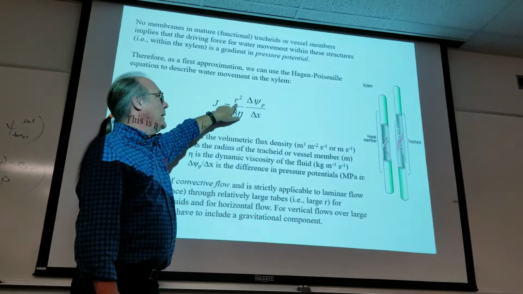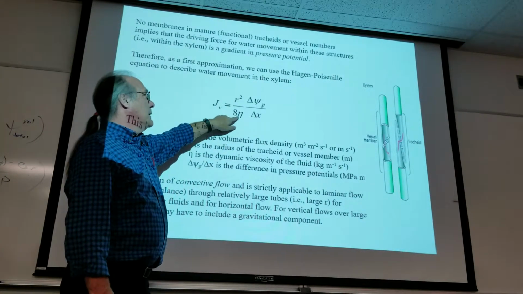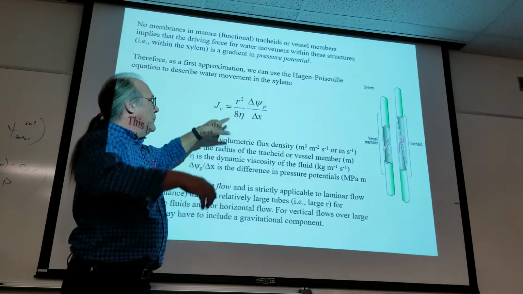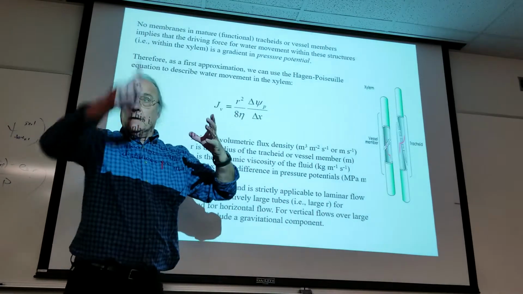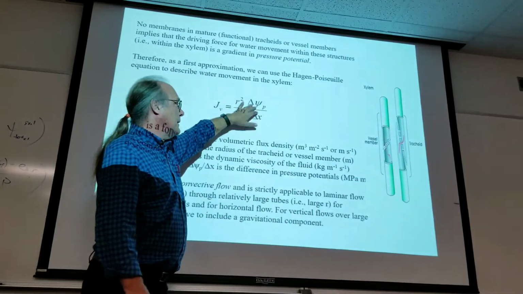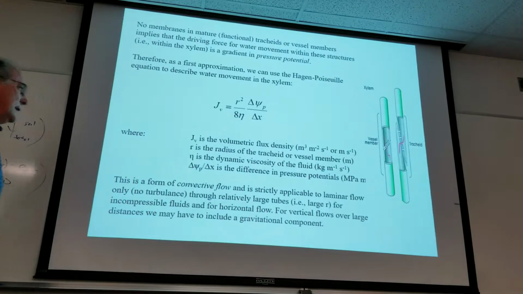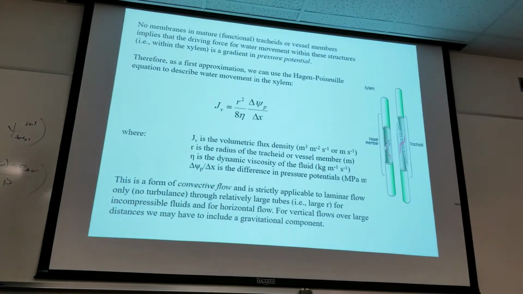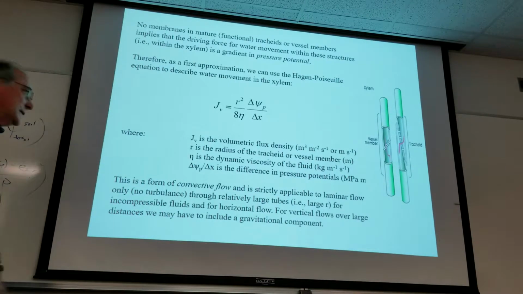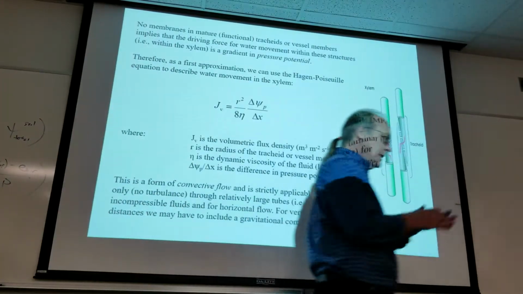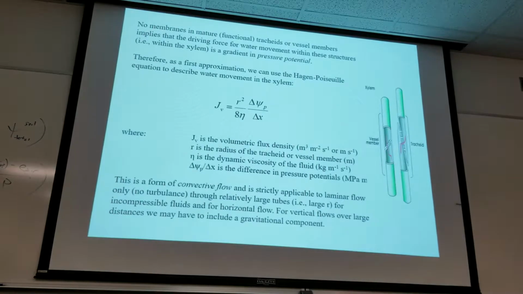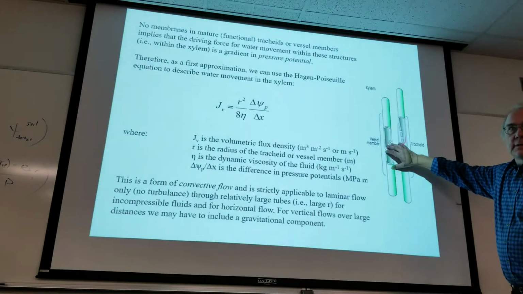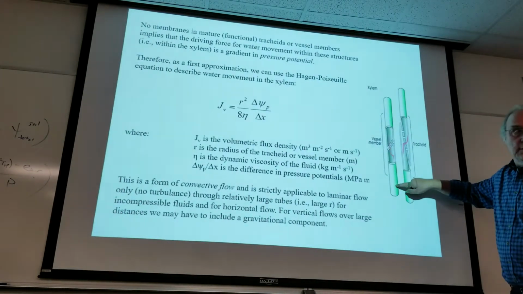And remember, it has the r squared, and has the viscosity on the bottom. So the bigger the vessel, the more flow you get for a given pressure potential. And again, it's a form of convective flow, laminar flow through large tubes, and for plants, that's what we have. We have laminar flow in the vessels and in the phloem as well. And the driving force is a difference in pressure potential.